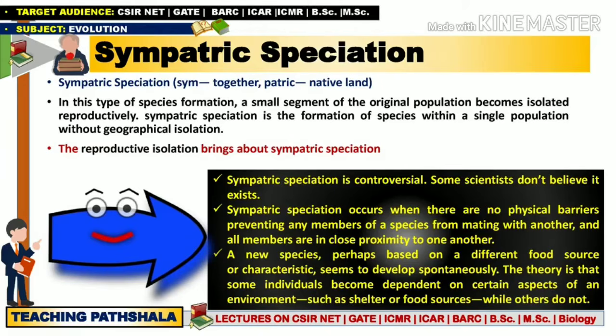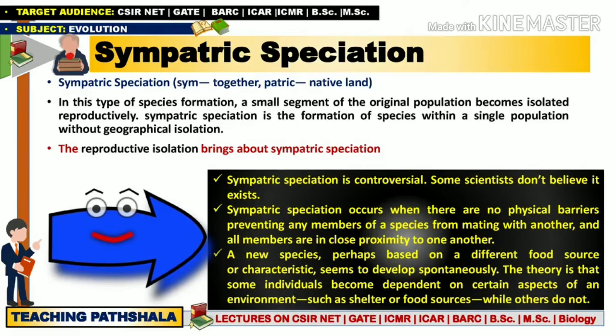So you have to keep in mind that the main factor acting behind sympatric speciation is reproductive isolation. Although reproductive isolation works in all kinds of speciation, in the previous types, that is allopatric, peripatric and parapatric, we have seen that the first step is reproductive isolation. But in case of sympatric, the factor is the reproductive isolation.